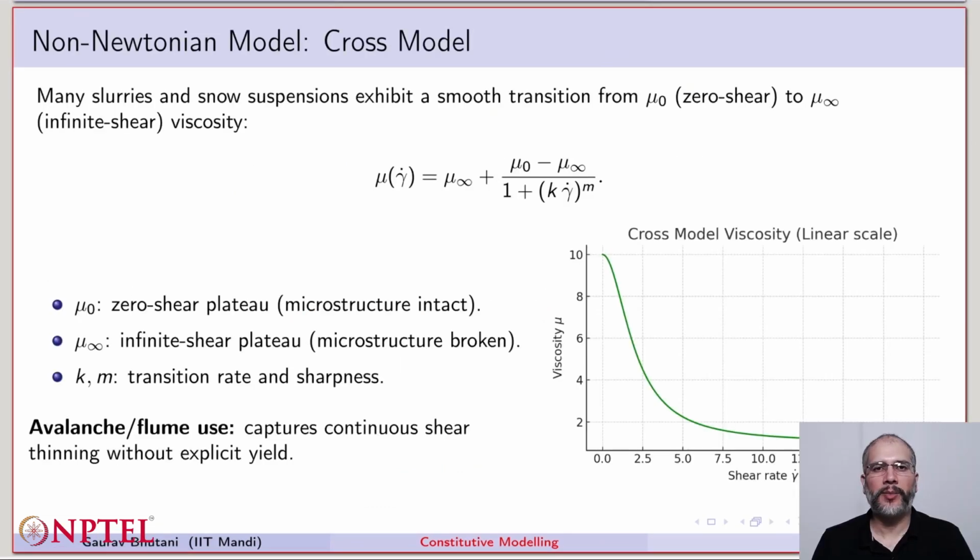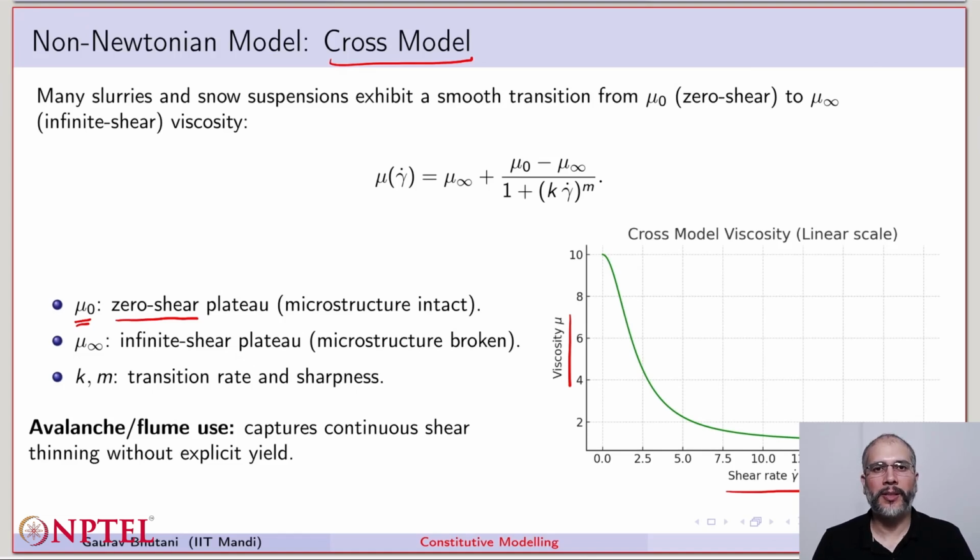And then we have many other models which are very specialized. For example, I talk about this Cross model, which is important for us because we work with modeling of snow avalanches. Here in this case, we notice that the viscosity mu changes with gamma dot like this. For very low or zero rate of strain or effective shear rate, we see that the viscosity is mu naught, which typically happens when the microstructure, because you have solids in a fluid, is intact.